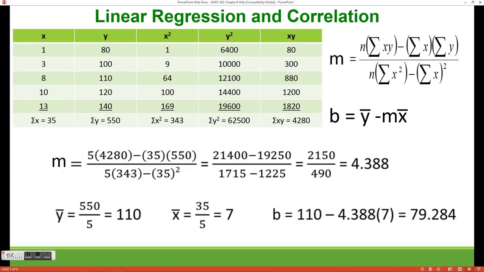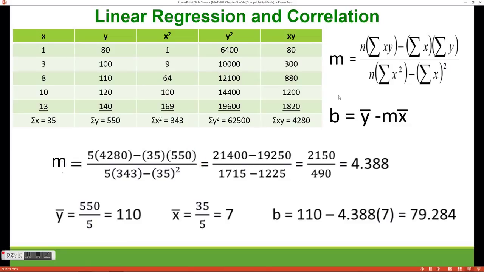We should first calculate the slope of our best fit regression line. Just like before, I would break the calculation into 4 parts. The first part would be n times the sum of x, y, which would be 5 times 4,280. The second part would be the sum of x times the sum of y, 35 times 550.